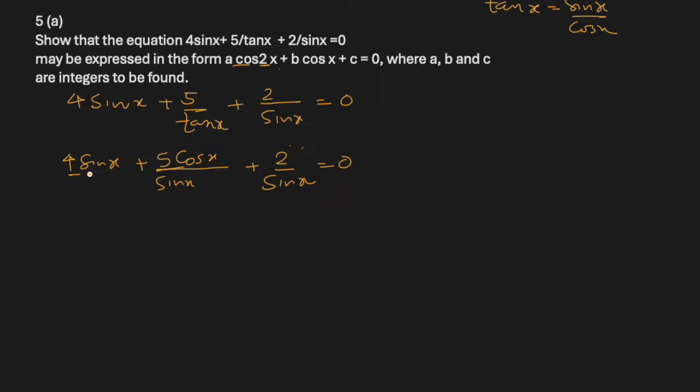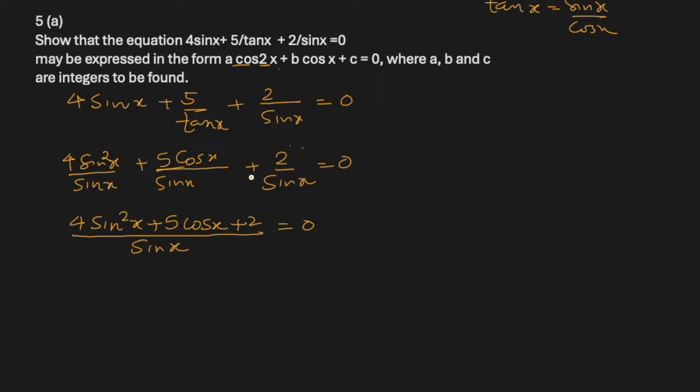So let's give this also a denominator of sin x forcibly. That means we have to compensate by squaring the numerator, because sin² x over sin x will again be 4 sin x. So I've not made any change, but because they have the same denominator now, we can simply write 4 sin² x plus 5 cos x plus 2 over sin x equal to 0.